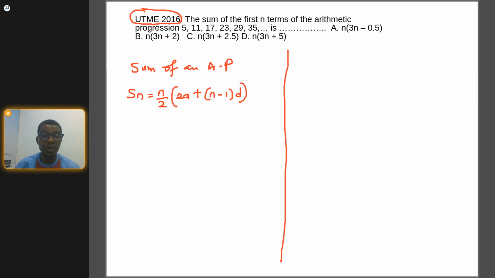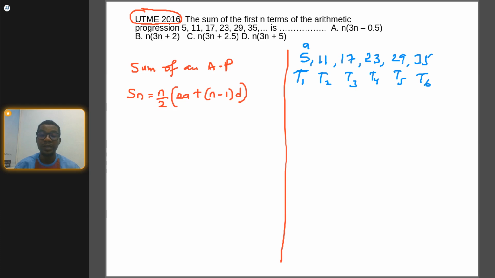So with this progression that was given to us, 5, 11, 17, 23, 29, 35, the first value there is T1, which is the first term, and is also known as A. We have T2, T3, T4, T5, and T6. So A is equal to what? 5. That's the first term.